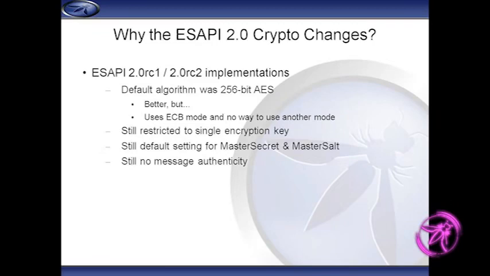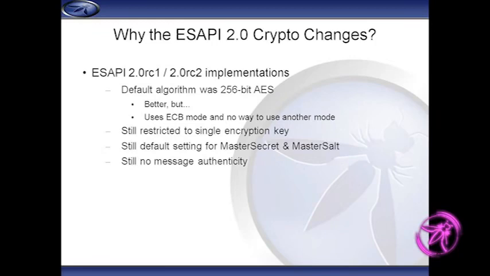The other thing is that this switched to use ECB mode. They just used AES by default, which uses ECB mode and PKCS5 padding. There was no way to switch it to other modes because every other mode requires an initialization vector. It was still restricted to a single key.